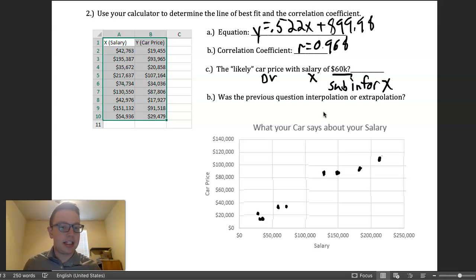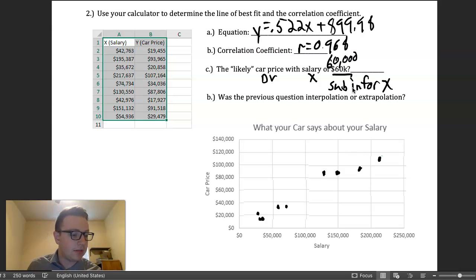0.522 times 60 plus 899.98. Now, if you think you got a really low number for that, it's because we're dealing in thousands here, meaning that this is not 60, this is actually 60,000. So let's put that in instead for x.